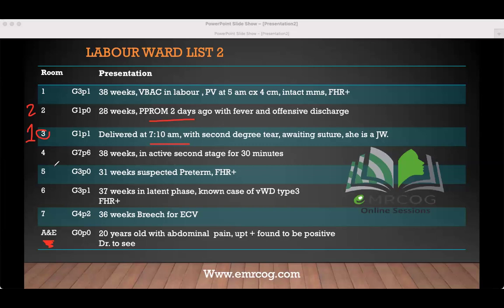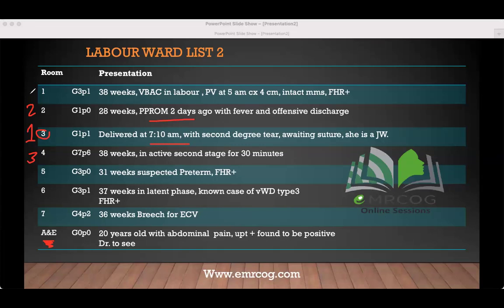I have a case in labor, then room number 4. Would you like to go to room number 1 as active labor, or the case in the latent phase? Which one do you go for? Or the suspected preterm?